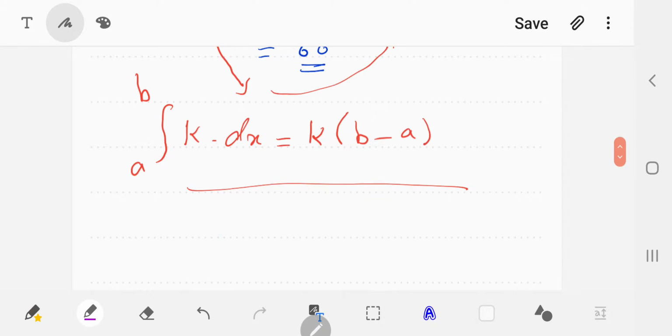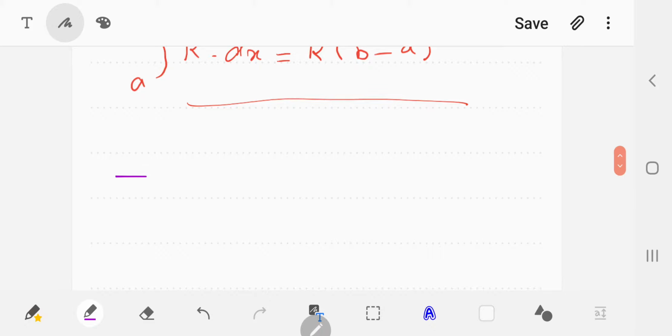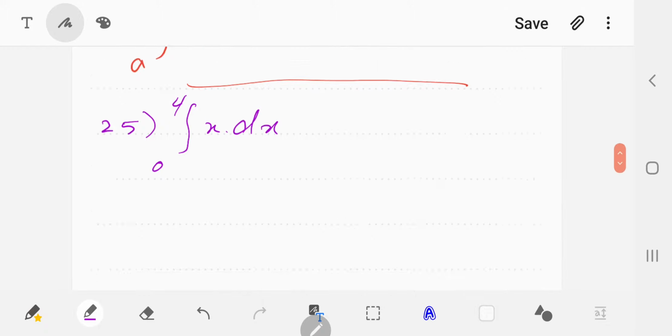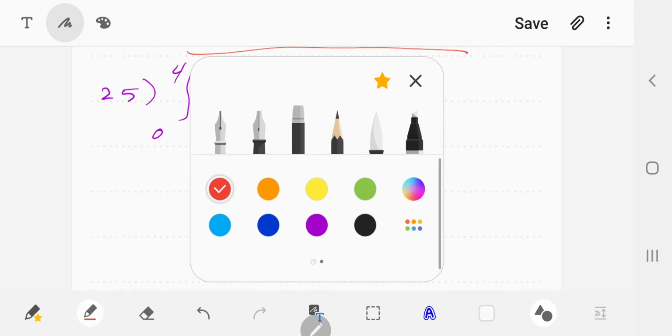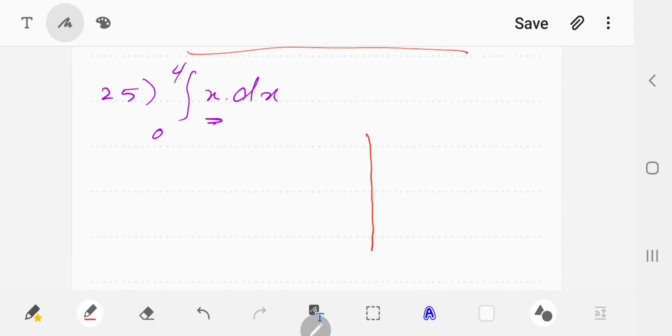Let's try to do the second one. What does it say? Question 25. It says integration from 0 to 4 of x dx. Again, this is a simple function. F of x equals x. So if you want to draw it, I believe all of us know how to draw this quickly. And if you don't, just a small table. 1 with 1, 2 with 2, 3 with 3. We have it till 4.